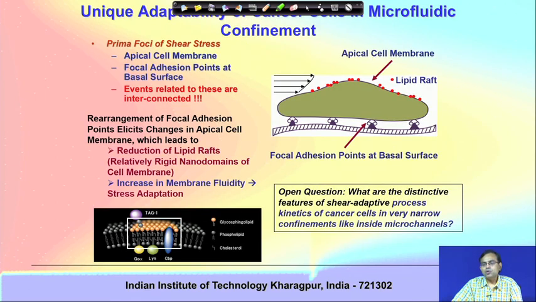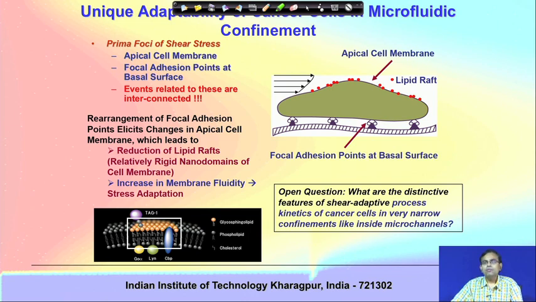So, now when we come to the issue of the interaction of a drug with a cancer cell, there is an interesting issue also of how a cancer cell adapts in a microfluidic confinement, because when a cancer cell adapts in the human body in presence of a drug, one has to isolate the chemical effect of the drug from the physical effect of the stress that is coming from its surroundings or microenvironment, which is called the tumor microenvironment in the biological world.